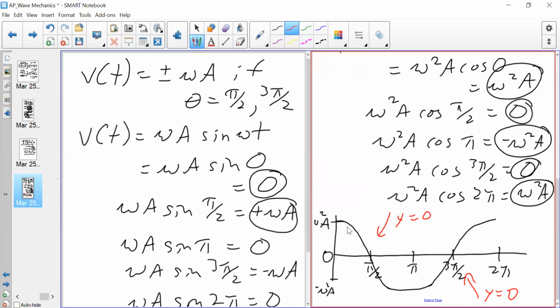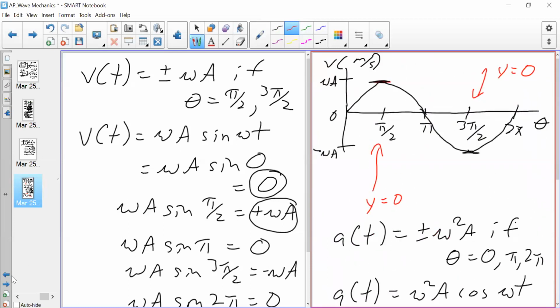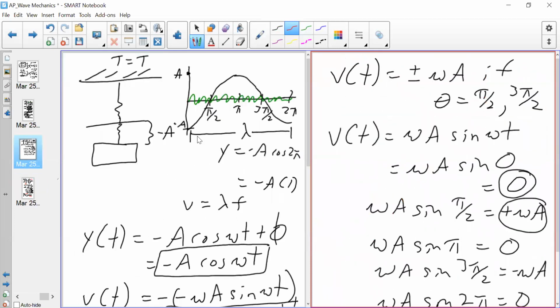So for example, this is simultaneous with this graph right here. I pulled the mass down, and the acceleration is going to be going upward, or positive.